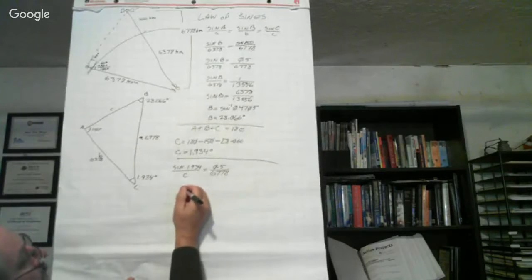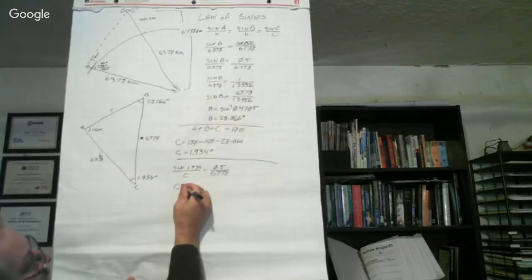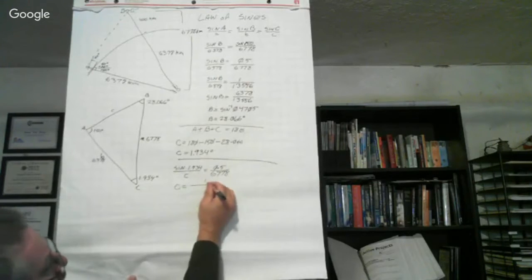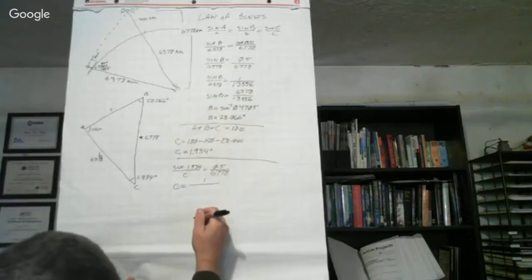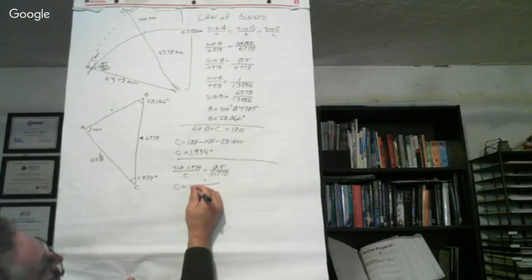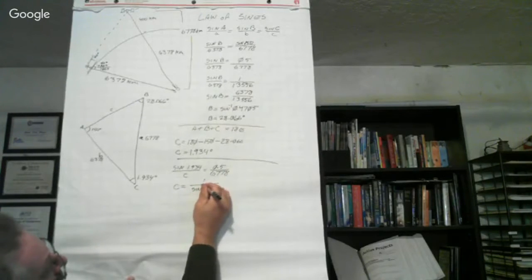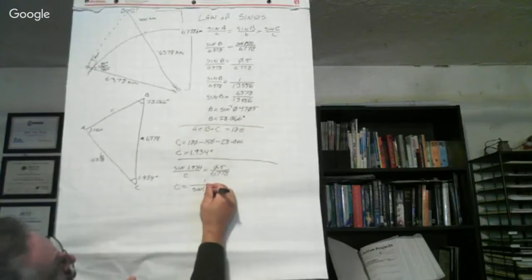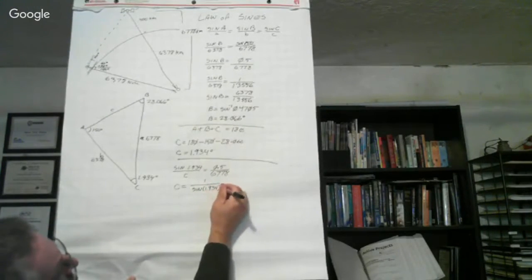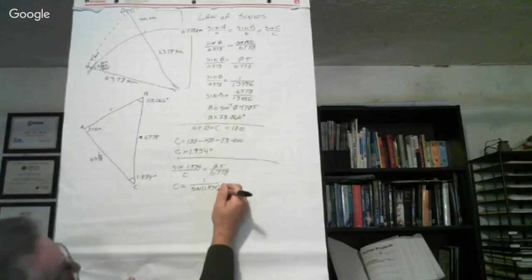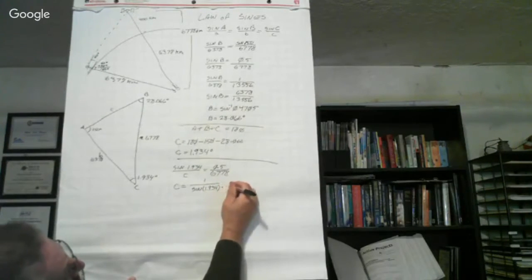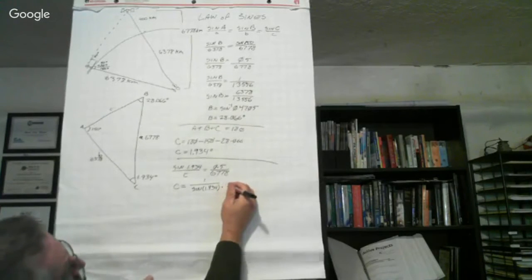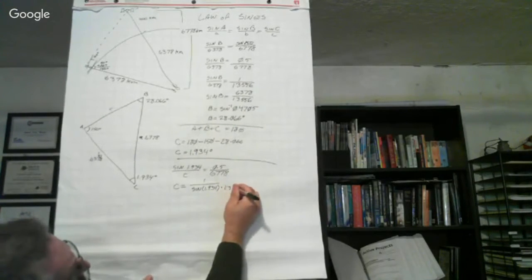So we will have C is equal to 1 over the sine of 1.934 times 13556.